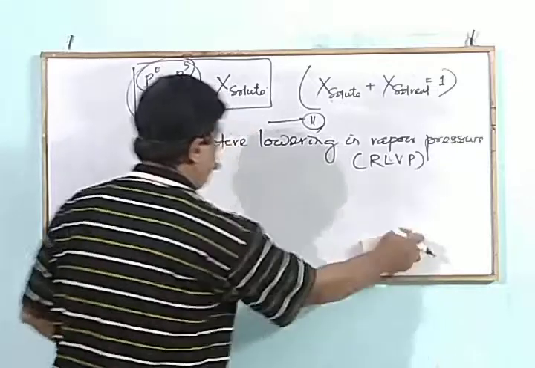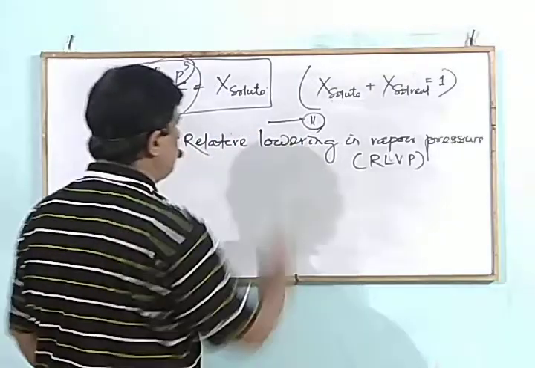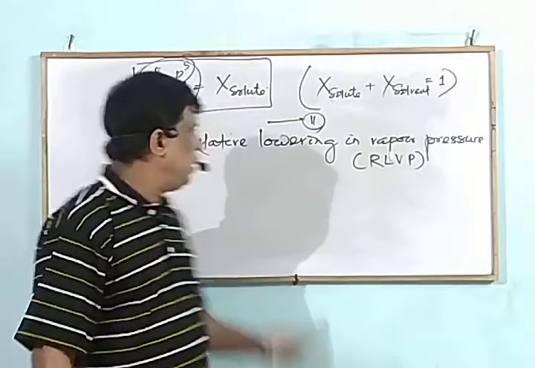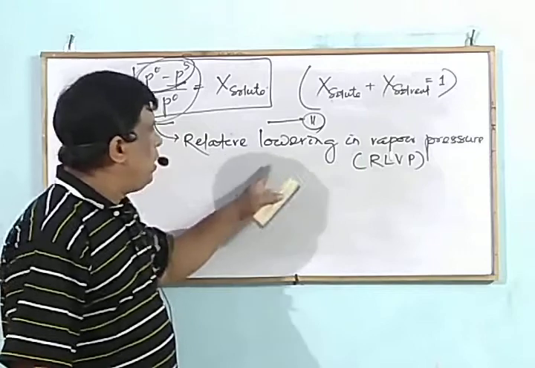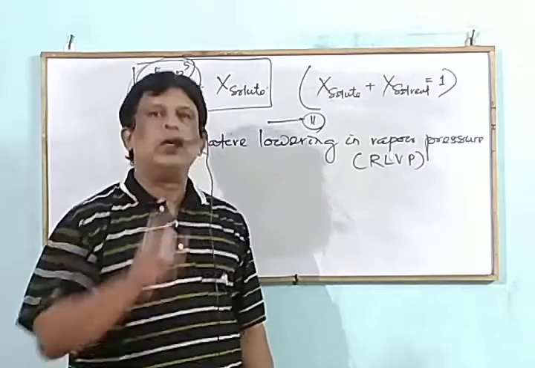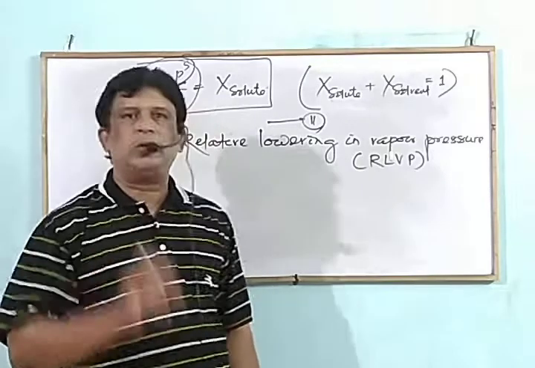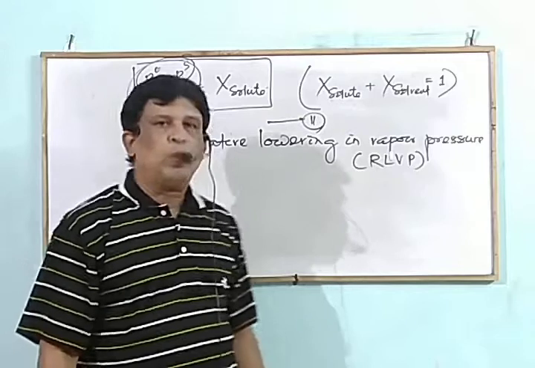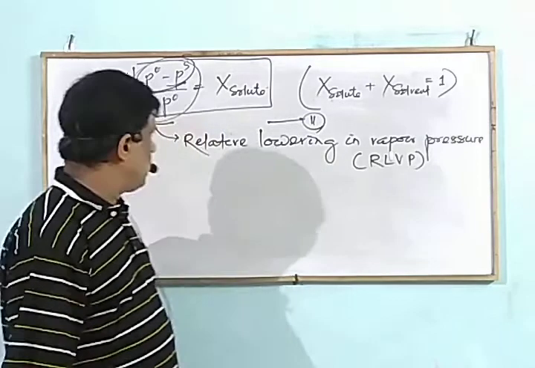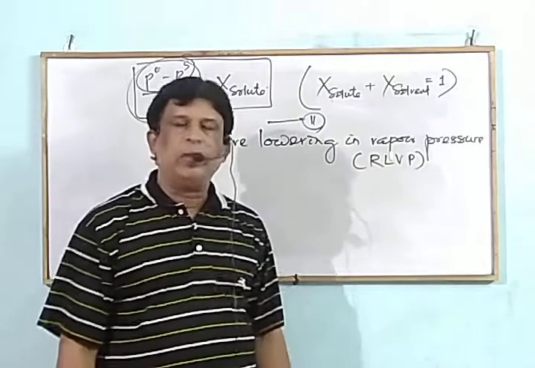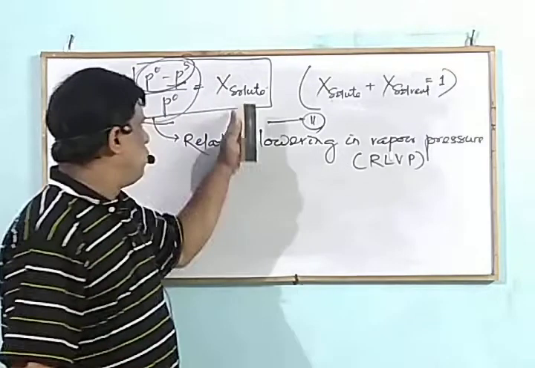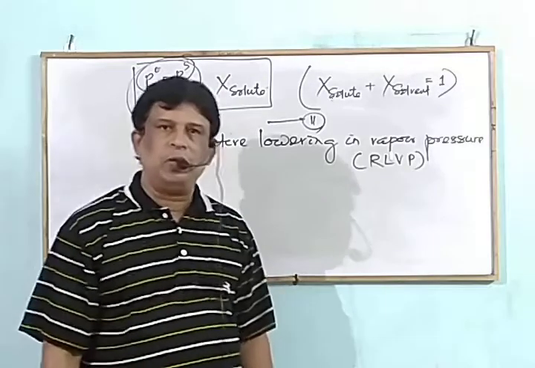So from equation 2, this law may also be stated as, the relative lowering in vapor pressure of a solvent over a solution containing non-volatile solute is equal to the mole fraction of the solute. I repeat again. This law may also be stated as the relative lowering of vapor pressure of a solution containing non-volatile solute is equal to mole fraction of the solute.